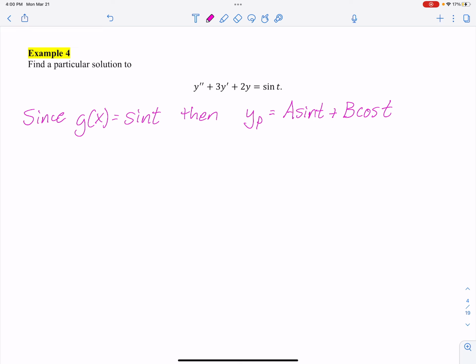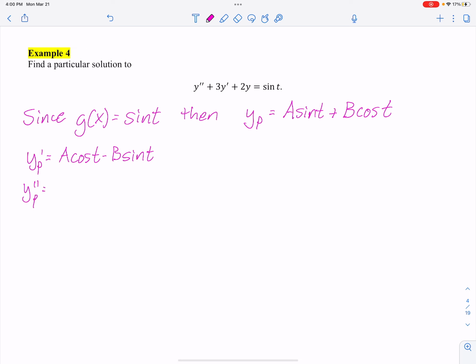All right, so I can take my derivatives now. First derivative is a cosine t minus b sine t. And then my second derivative of my guess is going to be negative a sine t minus b cosine t.